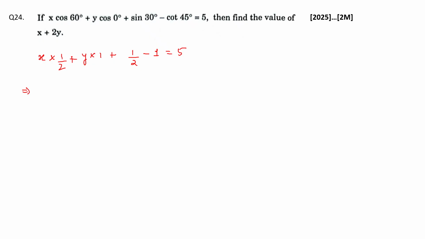So from here we will get x by 2 plus y equal to 6 minus 1 by 2. If you take LCM as 2 in the LHS, it is (x plus 2y) by 2 equal to (12 minus 1) by 2. Now 2 and 2 cancel. So x plus 2y is equal to 11. So the value of x plus 2y is 11.